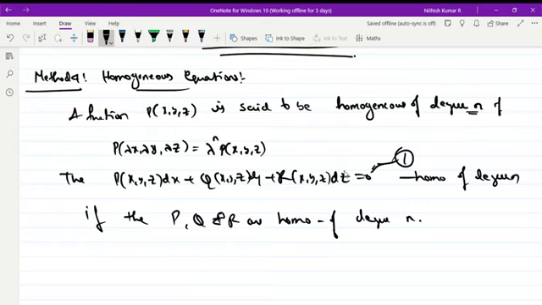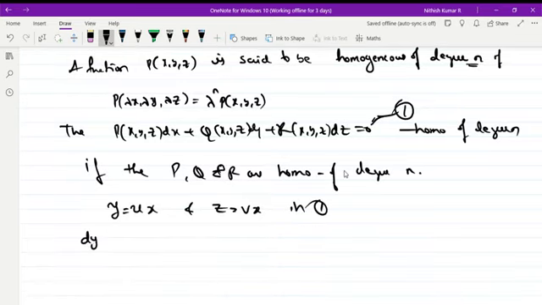So in such a case, we substitute y is equal to ux and z is equal to vx in 1. Also their derivatives, that is dy is nothing but u into dx plus x into du, and dz is equal to v into dx plus x into dv.